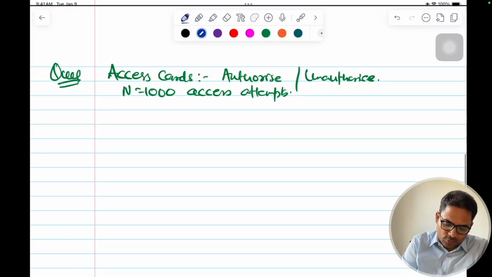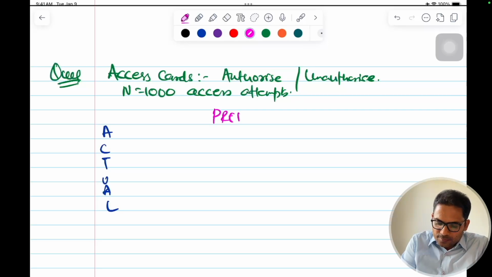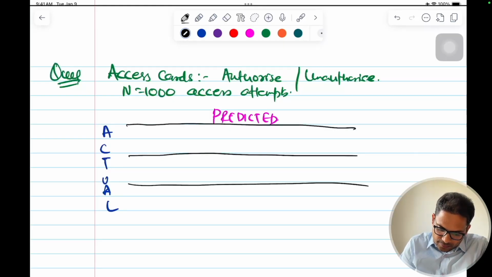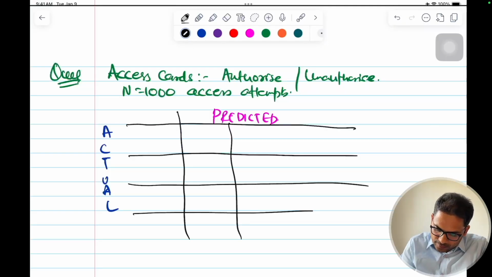On this side I'll put my actual data, here I'll put my predicted data, and then let's draw the matrix. Something like this.